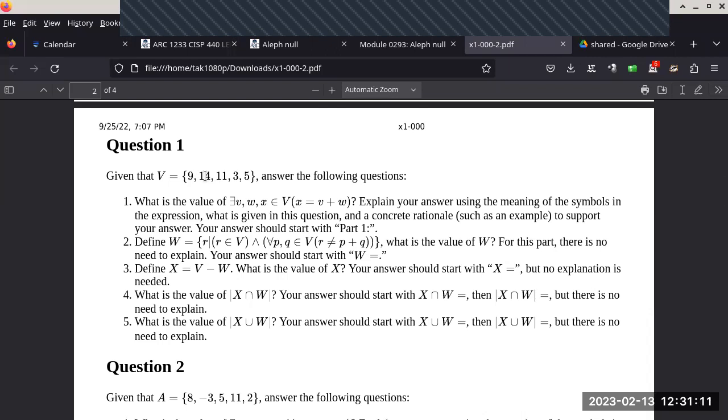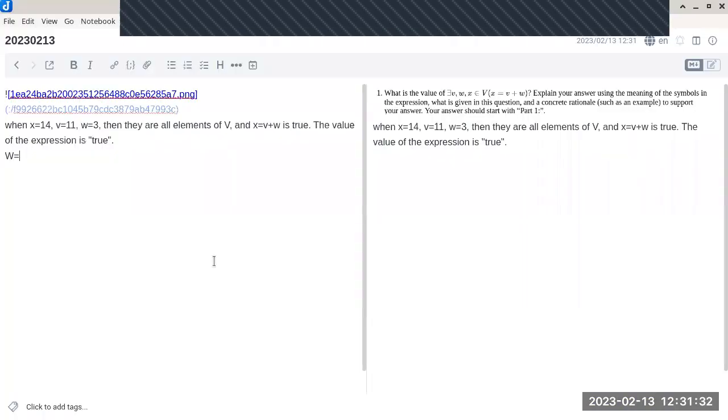We cannot put 14 into the set. 11, no, it cannot be expressed as the sum of any two numbers in V. So 11 is going to be in W. 3 is going to be in W. 5 is also going to be in W. So everything except for 14 is going to be in W. So that means the answer is just going to be W equals the set of 9, 11, 3, 5. So this is for part 2. This is for part 1.